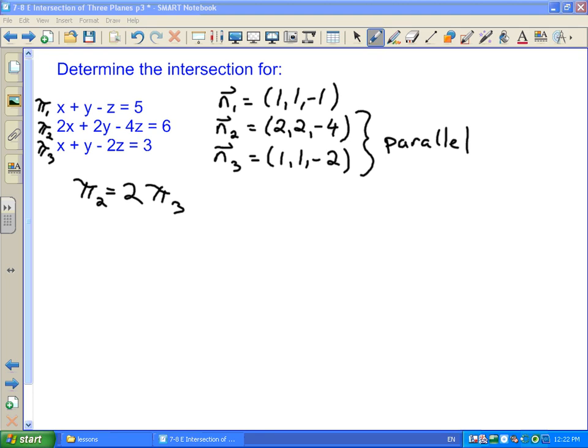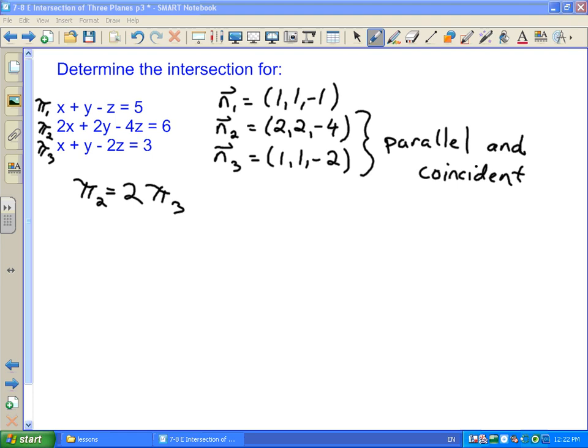So plane 2 is a scalar multiple of plane 3. So that's telling us that not only are these two things parallel, they are coincident as well. So we've got two planes that are parallel and coincident, and a third one coming along.